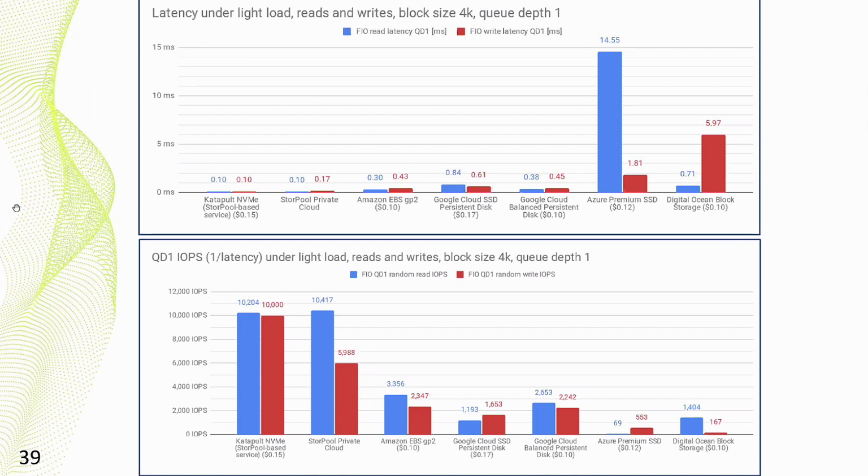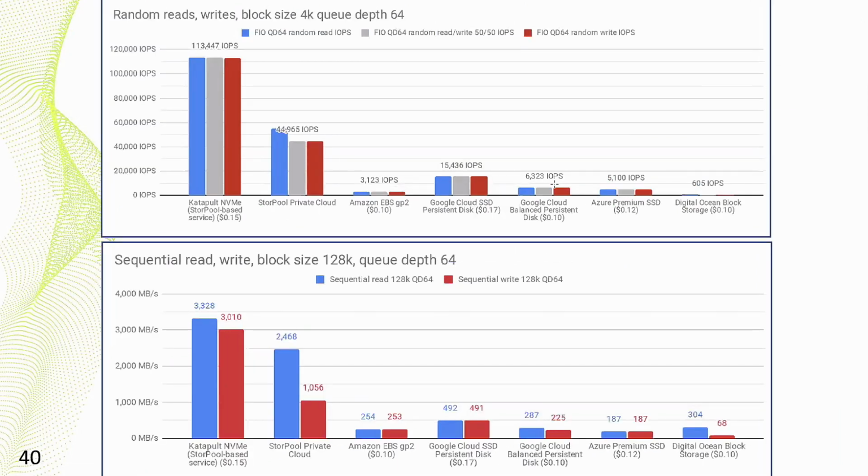So you could see the StorPool-based service delivers 100 microseconds latency to a virtual machine. And the second best you can get in a public cloud is like 300 or 400 microseconds latency to a virtual machine, right? These are the IOPS numbers. So you could get 100,000 IOPS to a VM, though all of these are kind of IOPS limited.